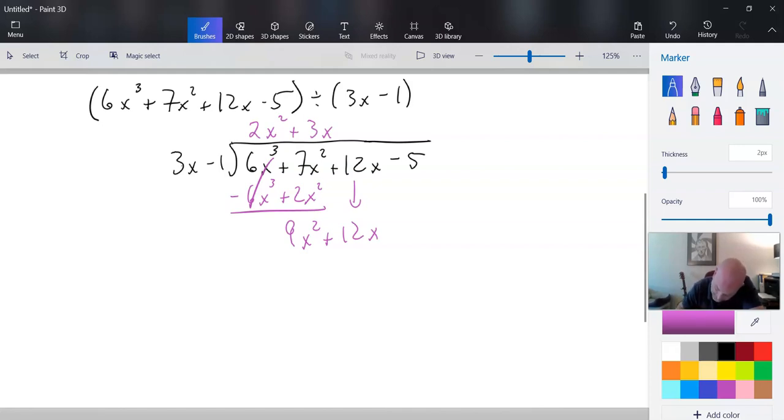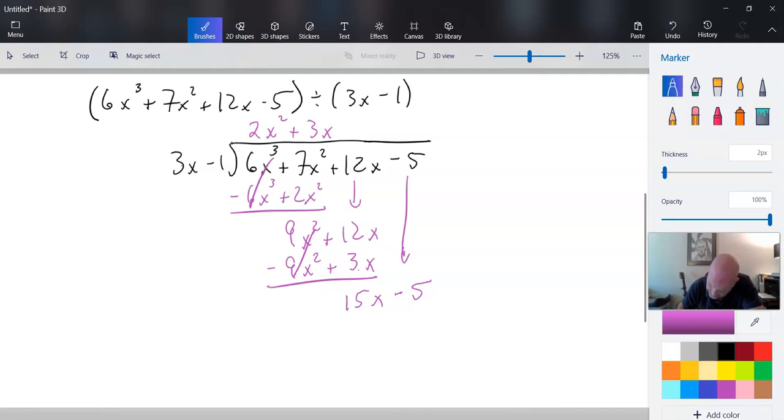So I'll multiply that through, and that gives me a minus 9x squared, and then minus 3x, but I'm going to make it plus 3x. Okay, now if we add straight down, those cancel. This gives me 15x, and I'm going to bring that minus 5 down, and we'll see what happens here.